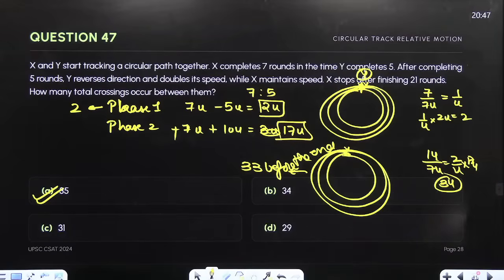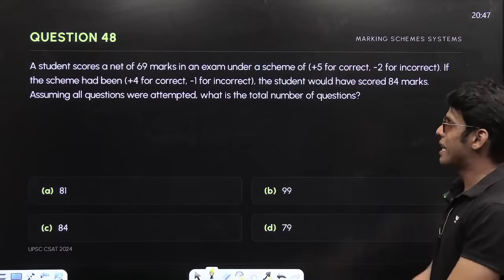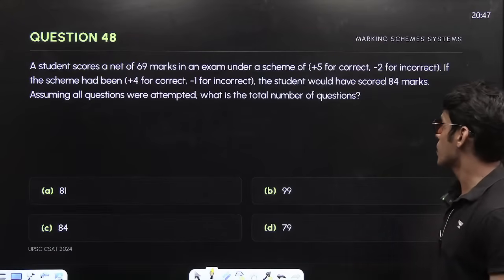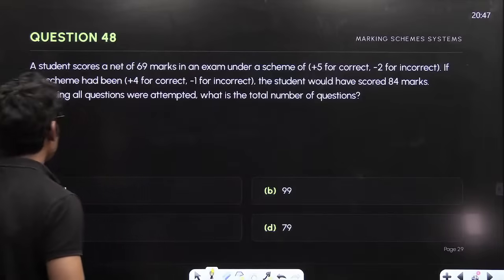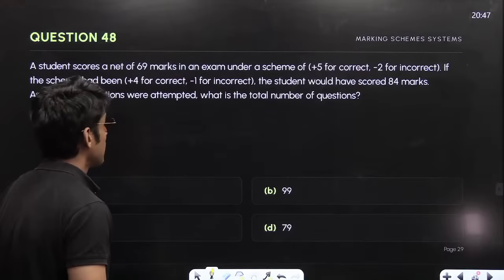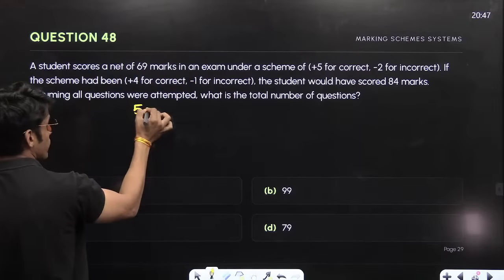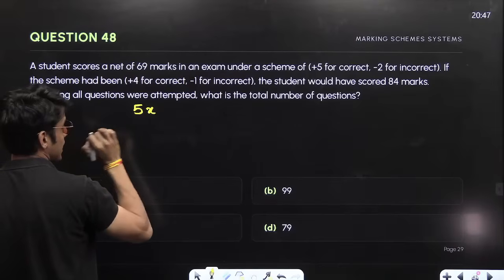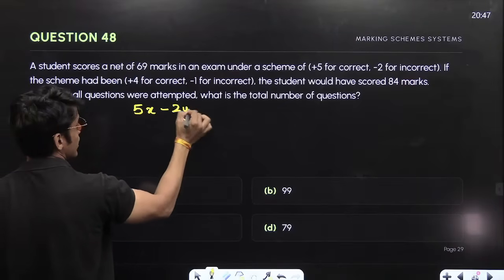right? Now, the student scores a net of 69 marks in an exam under a scheme of +5 for correct, -2 for incorrect. If the scheme had been +4 for correct, -1 for incorrect, the student would have scored 84 marks. So let's assume he scored x correctly. So he got 5x marks and then y incorrectly.